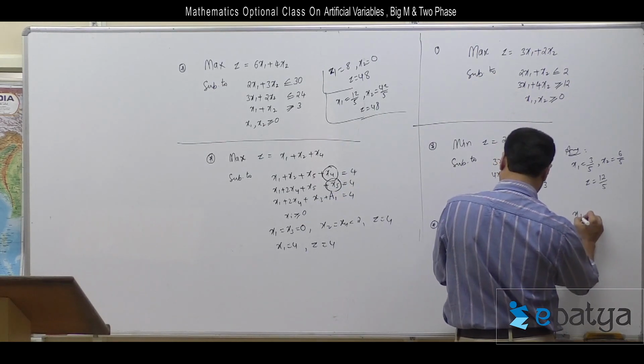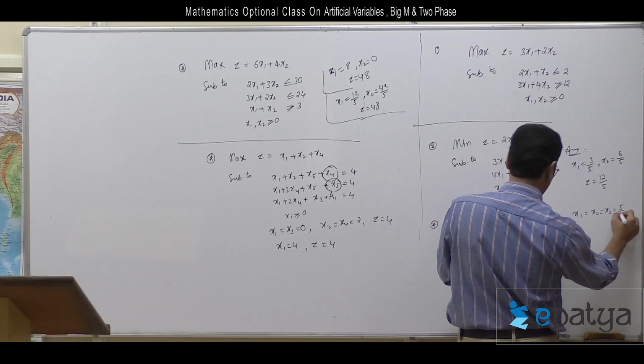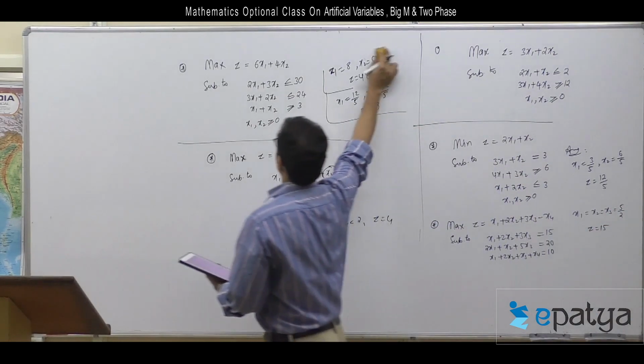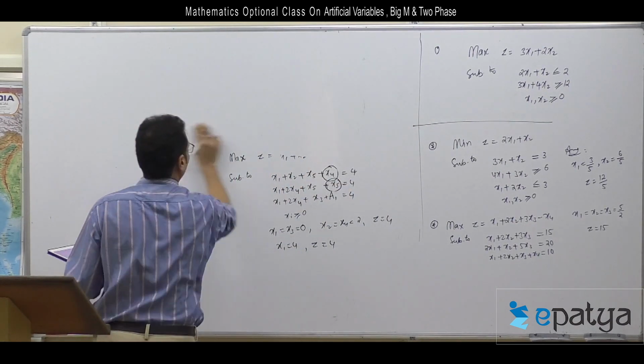Answer comes as x1 equal to x2 equal to x3 equal to 5 by 2, z equal to 15. I think there exists alternate solution for that question, if I am not wrong.